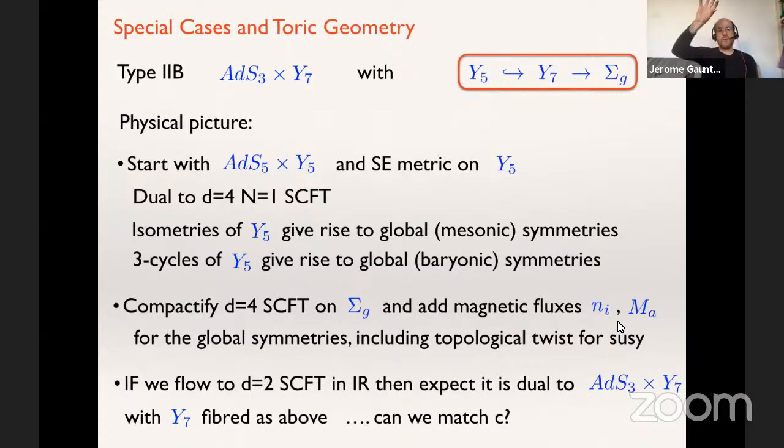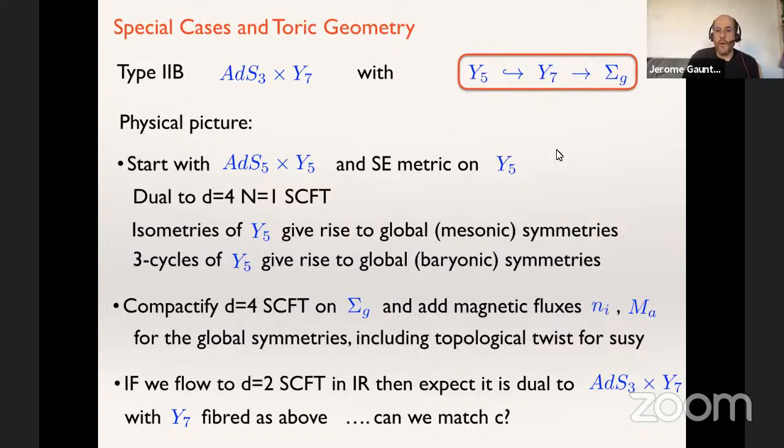Okay, so we have a 4-dimensional field theory, we compactify on a Riemann surface, and we can now flow to a 2-dimensional conformal field theory on scales much larger than the scale set by the Riemann surface. If we actually flow to a conformal field theory, then we expect its dual to be AdS3 cross Y7, and Y7 is fibered this way.